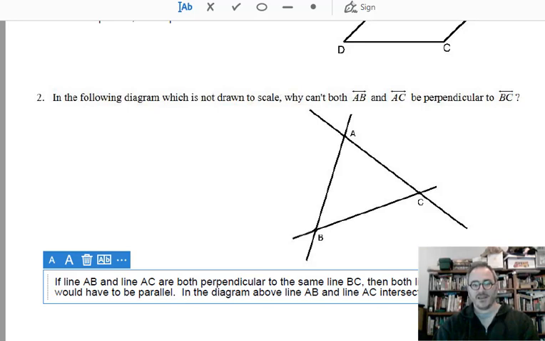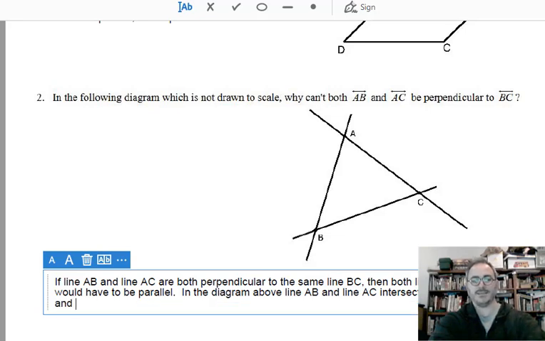In the diagram above, line AB and line AC intersect. Therefore, line AB and line AC cannot be parallel. No, I just didn't do it that time. Parallel. There we go.